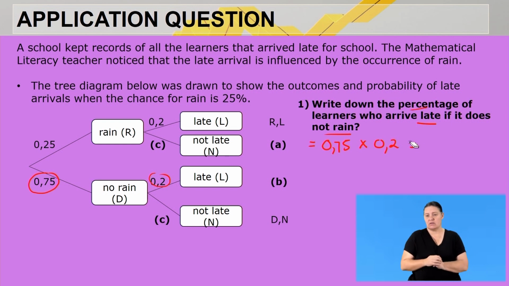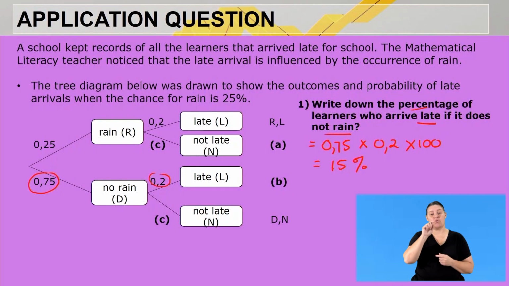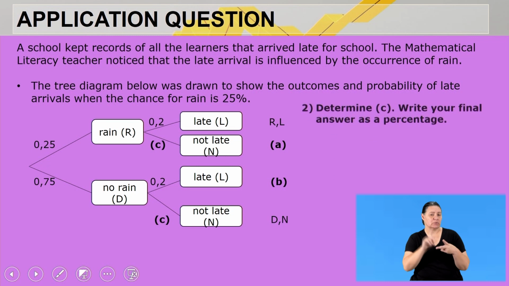We can indicate that multiply by 100 because we want a percentage, right? So therefore 0.75 multiply by 0.2 times 100. So that will give us an answer of 15%. Guys, I hope that's clear to all of you. So I took 0.75 multiplied by 0.2, which represent the late coming, and that I multiply by 100, and it gives me 15%. Okay, let's look at another question.